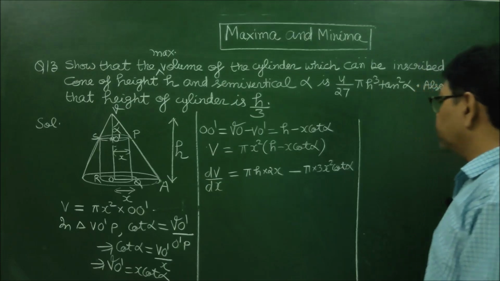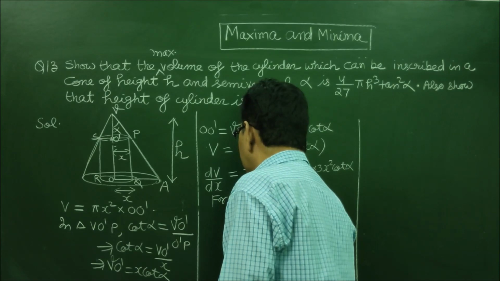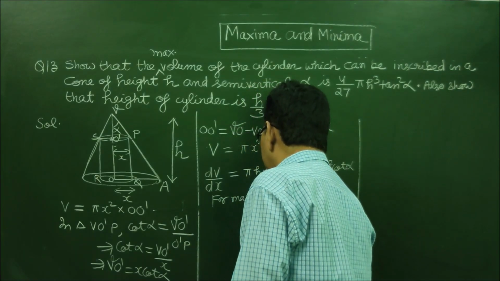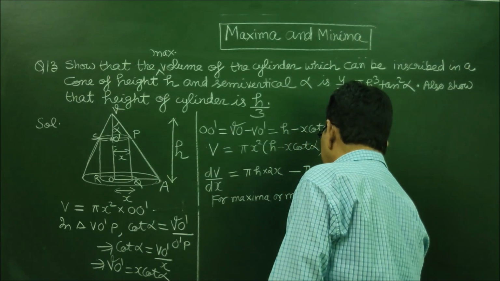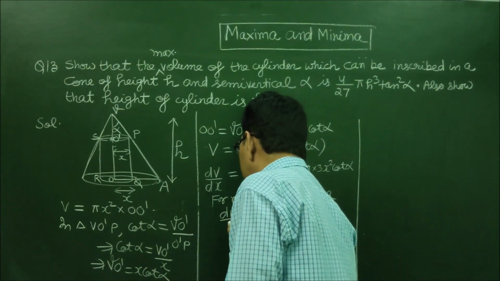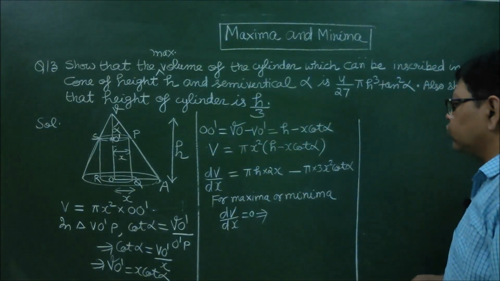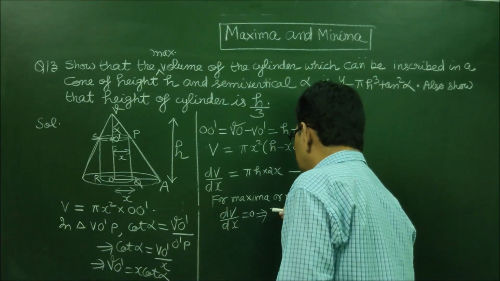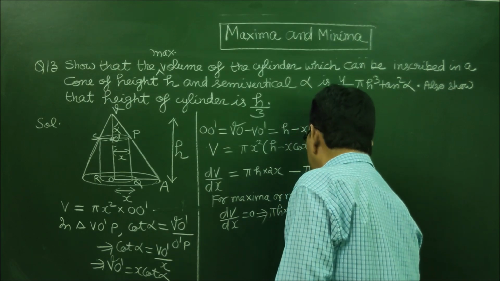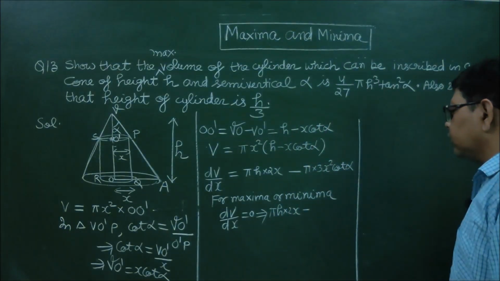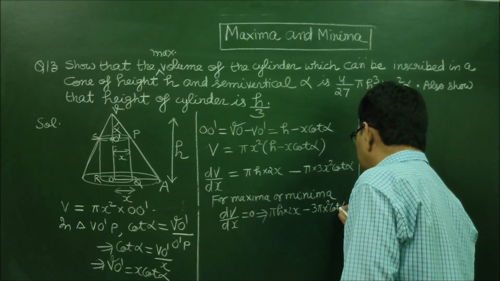Now putting dV over dx equal to 0 for maxima or minima, which implies pi h into 2x minus 3 pi x square cot alpha is equal to 0.